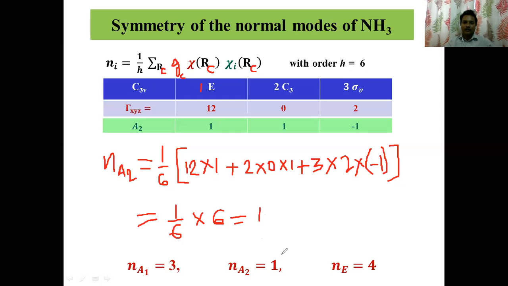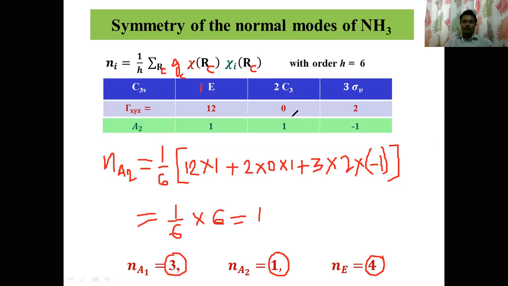If you look at here, this rows 1, right? Now exactly in the same fashion, if you do it for A1, you'll get this 3, and then if you are going for E, then you are going to get 4. Like how it comes, you can very easily verify.